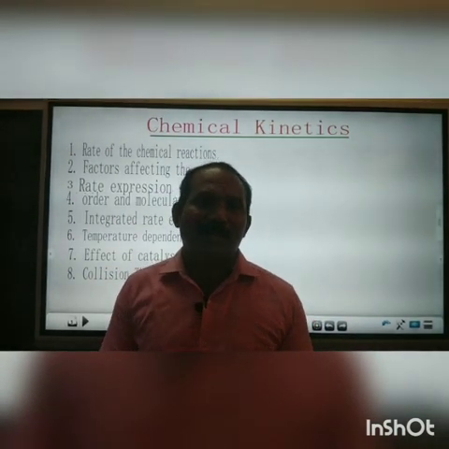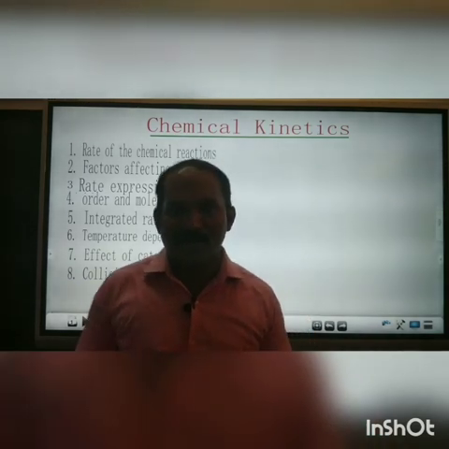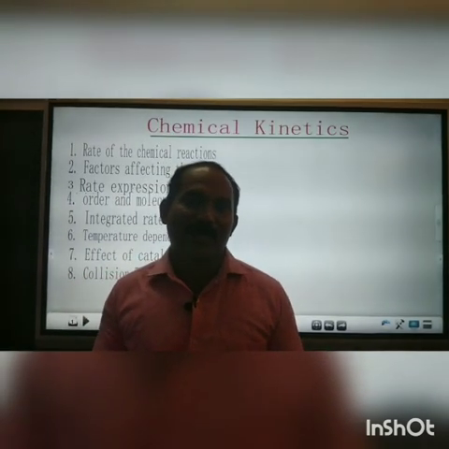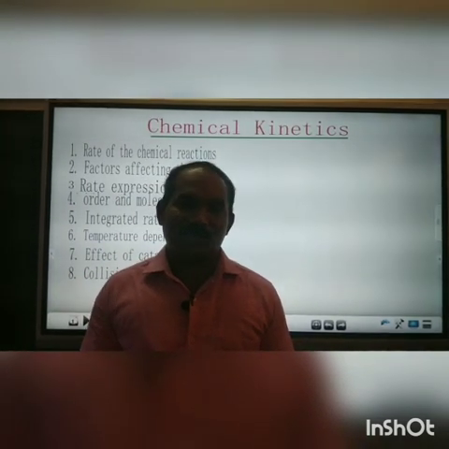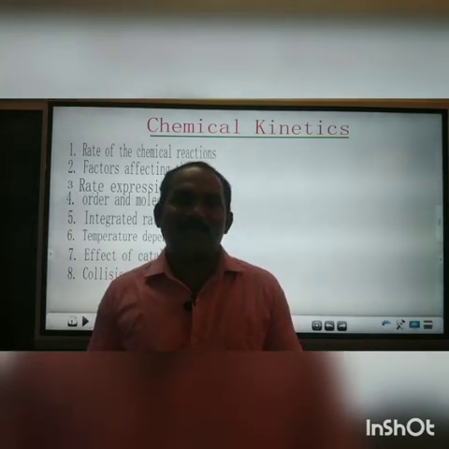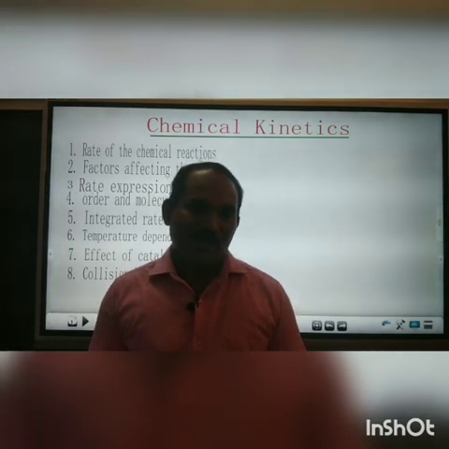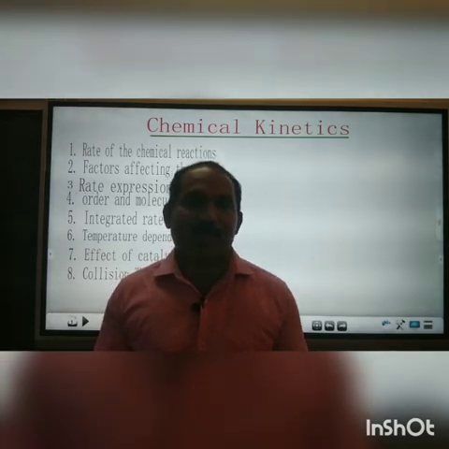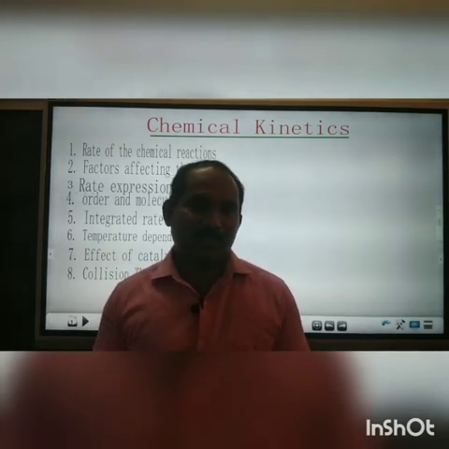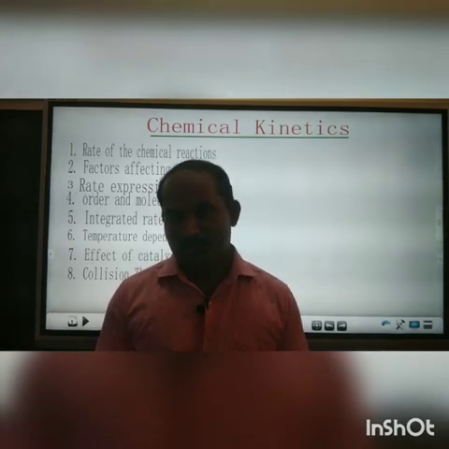How do we calculate the speed of a vehicle, a car or a bus? It is the distance covered by the vehicle per unit time. We say 60 km per hour, 40 km per hour. Similarly, we express the rate of the reaction in terms of change in concentration per unit time.